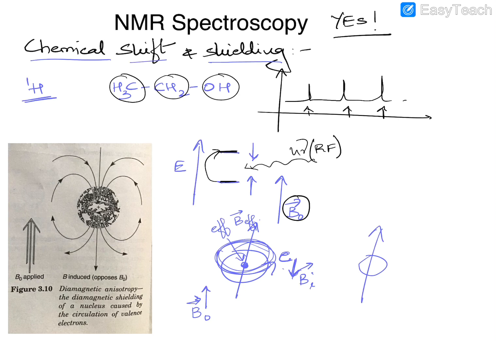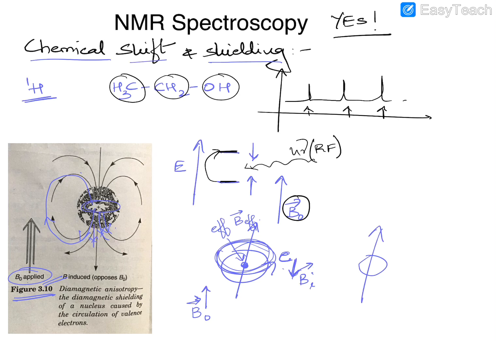And that's represented in this particular figure 3.10, that the diamagnetic shielding of a nucleus is caused by circulation of valence electrons, and the circulation by itself is set up due to the applied magnetic field B naught. These circulating electrons generate a magnetic moment of their own, and this is going to oppose the applied magnetic field B naught.